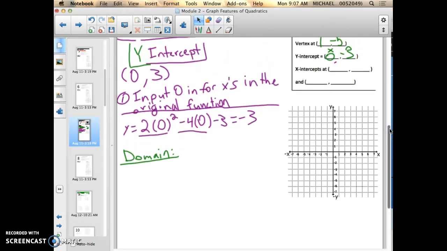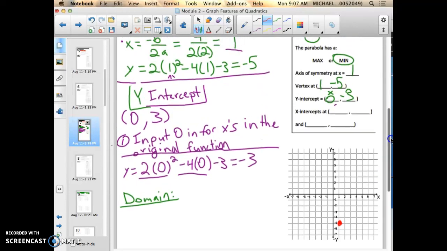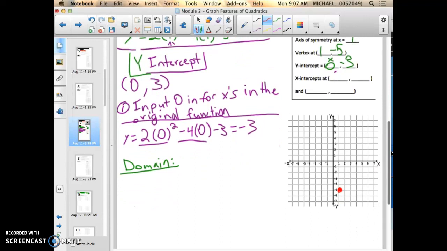We don't have to have a very pretty picture, but it should look like a decent parabola. I'm going to sketch this before I find the domain and range. We're going to find it based off of the graph itself. So if I plot the vertex, 1, -5, right here, and then I said that it opens up, so it has a minimum, something like that.